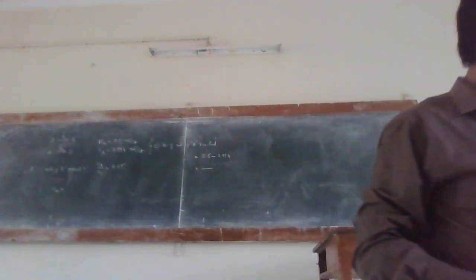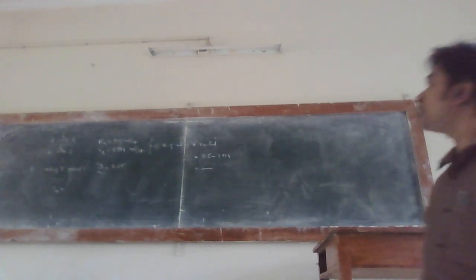The question asked is: K1, K2 given, CA not given, CR not given, CS not given, and he has asked to find the moles of R formed. Yes, correct. So now let's understand first.